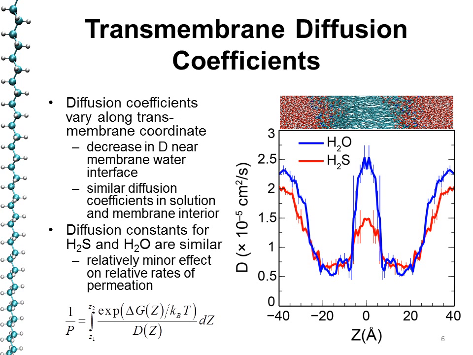I'll first show the results of our transmembrane diffusion coefficient calculations. This plot shows the rate of diffusion of water and hydrogen sulfide as a function of the z-axis crossing this membrane. What we see is that when the solutes are in solution, they have relatively high rates of diffusion. But when we go through the head group area, we have a really quite large drop-off, and we see relatively slow diffusion.